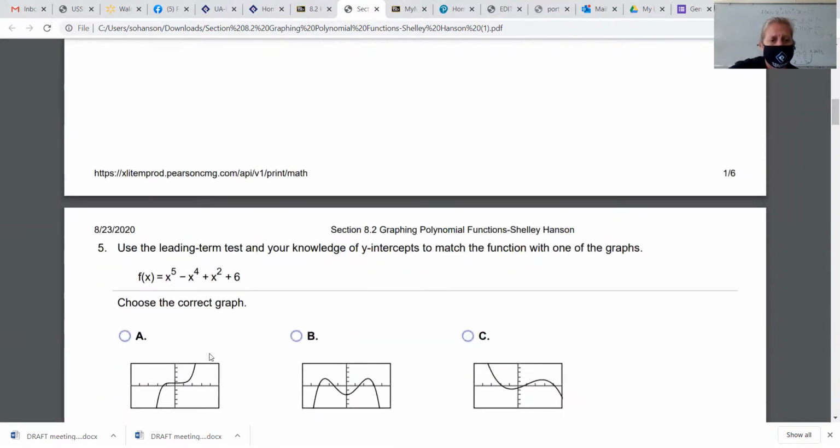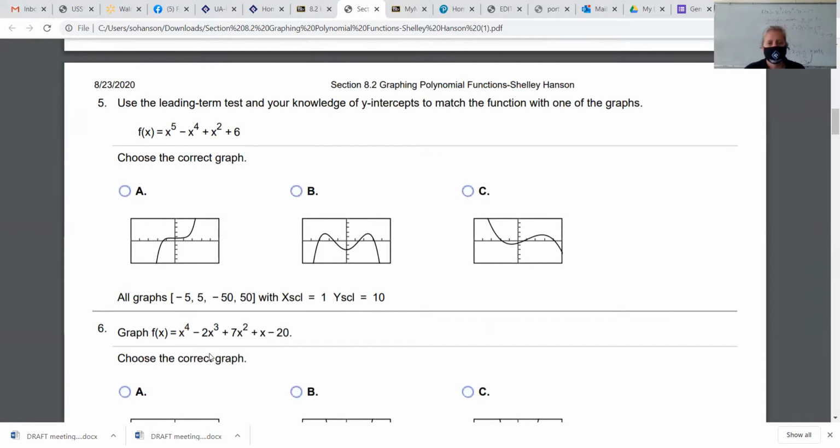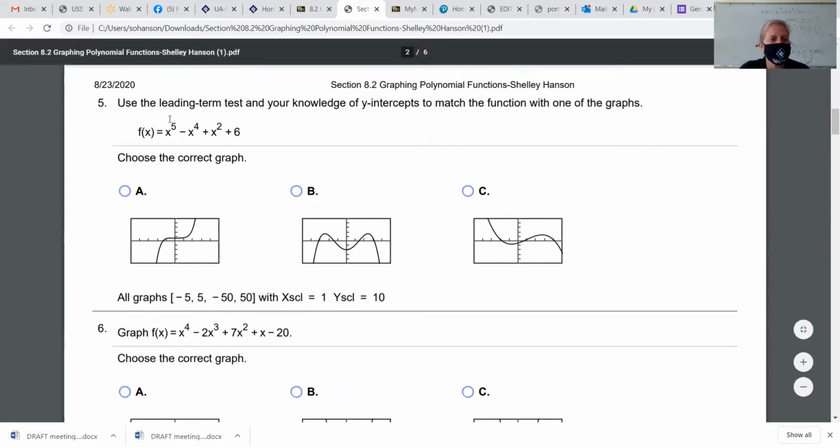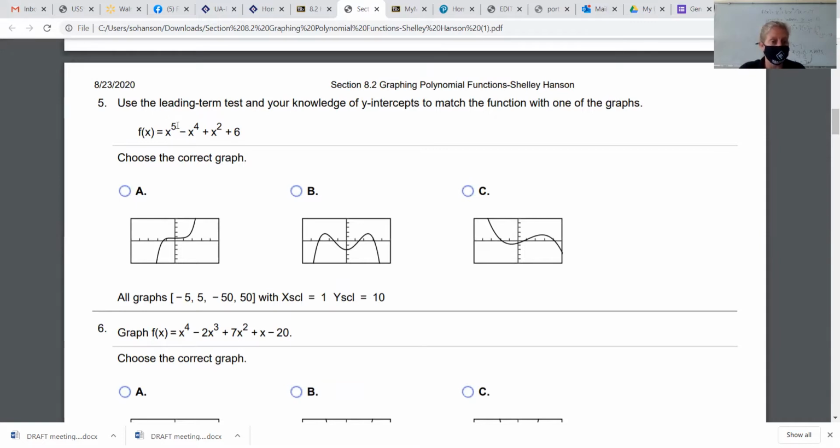All right, number 5. My function is x to the 5th minus x to the 4th plus x squared plus 6. So my leading term is x to the 5th, which means the exponent is 5, which is odd. If your leading term's exponent is odd, you're going to have a one up, one down situation.